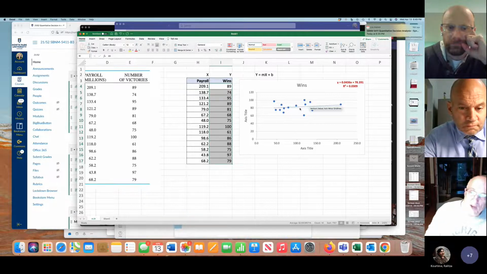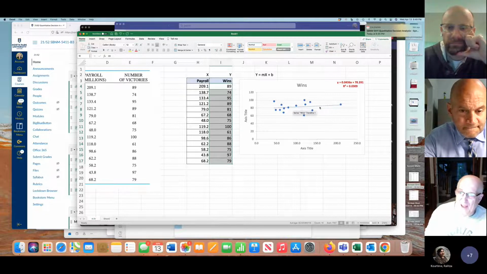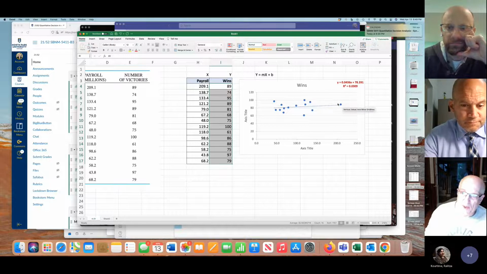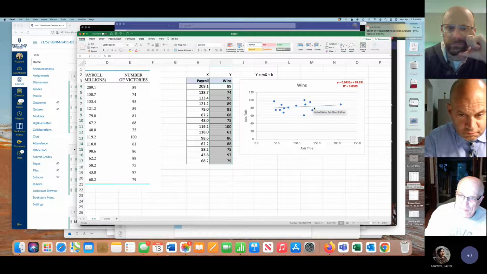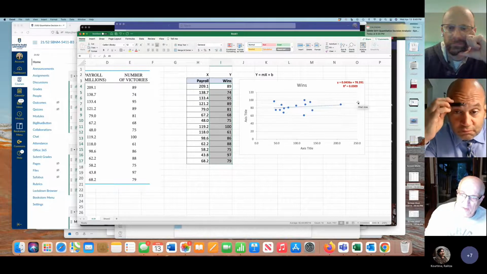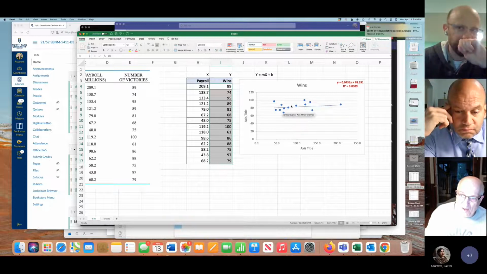Now, I will point out something else to you. So based on this, I would say, I don't think this is a very good model. Plus, one thing that I would notice that you might not notice, this point here, the Yankees, is separate from the cluster of the rest of the data. When I have one point that's farther away from the rest of the data and I'm trying to apply a line, all of these points kind of look like one point.